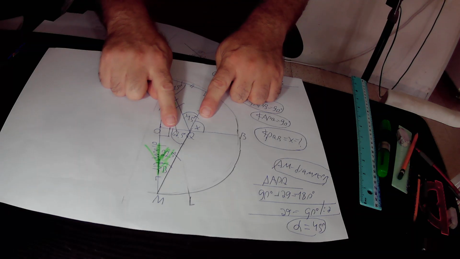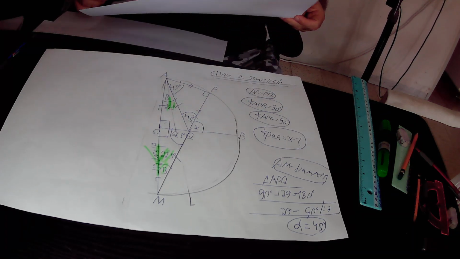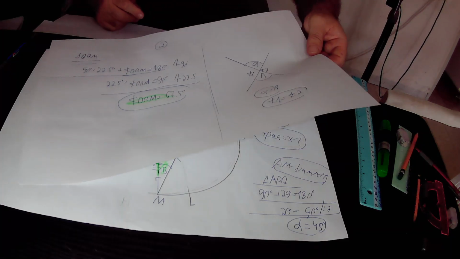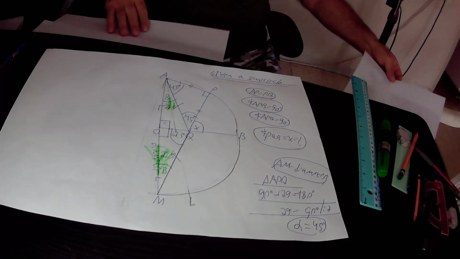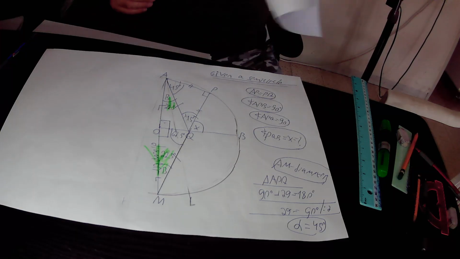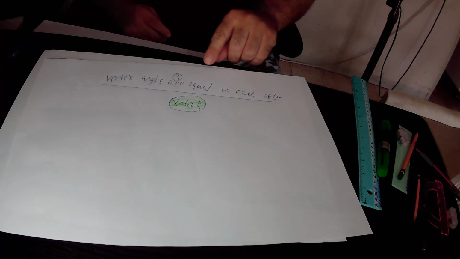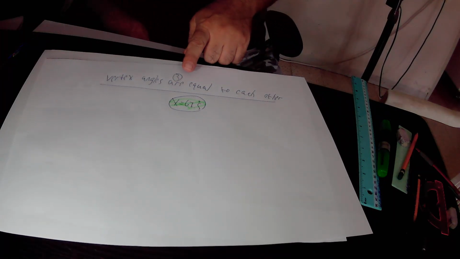That is to say, angle x equals 67.5 degrees in size. So according to the rule that vertex angles are equal to each other, we find out that the missing angle x is equal to 67.5 degrees in its size. So we finished with the first question.